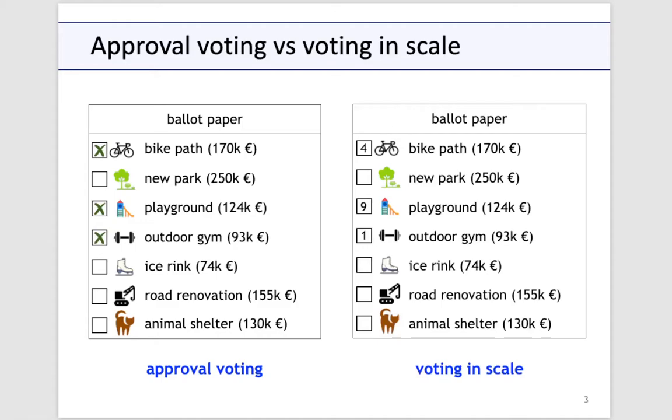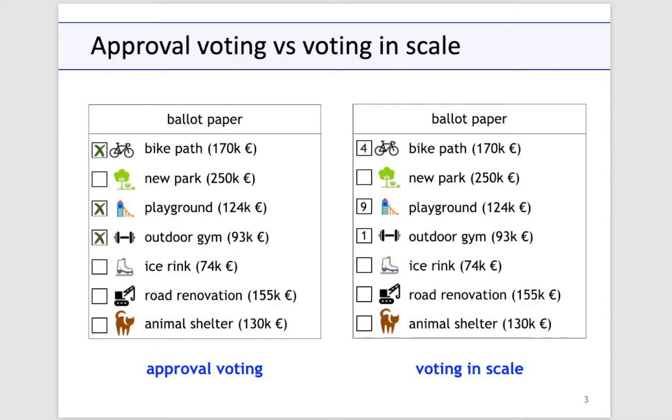An alternative to approval voting is voting in scale, where the voters additionally express how strongly they support the particular projects. In this example, a voter was asked to assign between 0 to 10 points to each project, and we can see that she assigned 9 points to the playground, which means that this project has strong support from this voter.